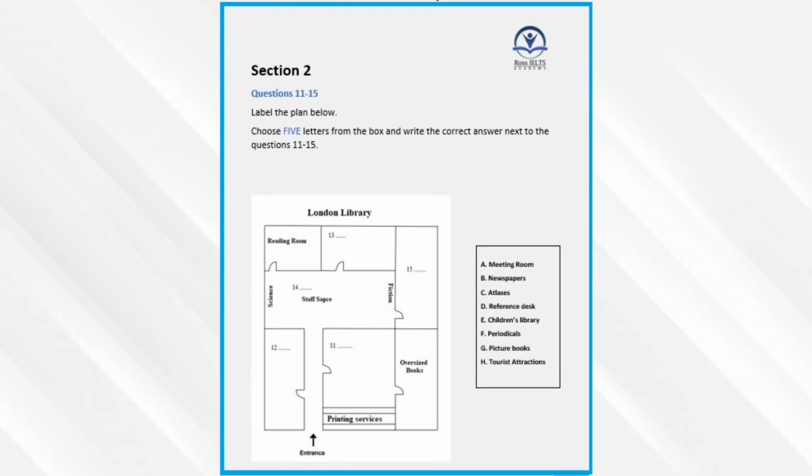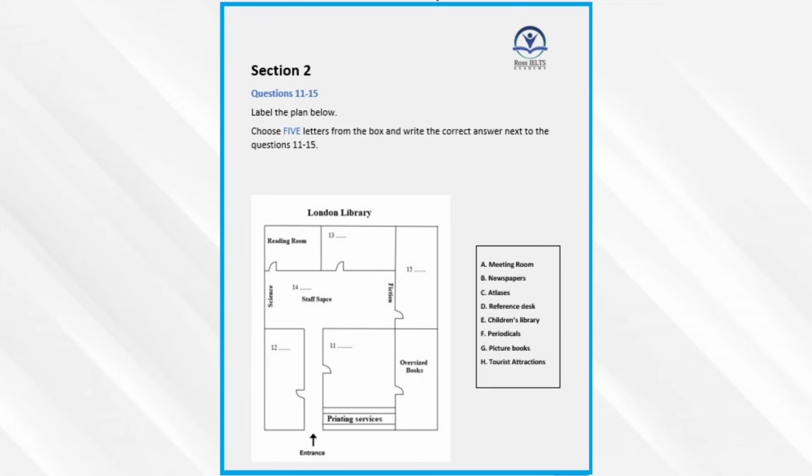And crossing this, the first room above that has an excellent collection of atlases and is also a place where people can read or study peacefully. Opposite the printing services on the left, there is a room where we have up-to-date periodicals such as newspapers and magazines. This room also has public computers in case you want to do some research.